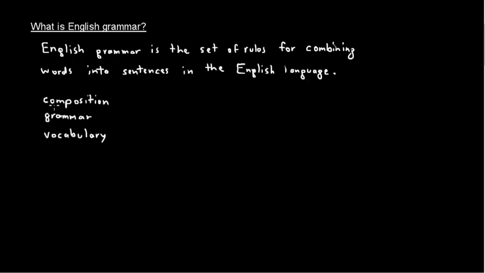composition is how we take those sentences and turn them into bigger units, how we take sentences and turn them into paragraphs, how we take paragraphs and turn them into novels, how we take sentences and arrange them and combine them to form poetry, how we combine them to form conversations.